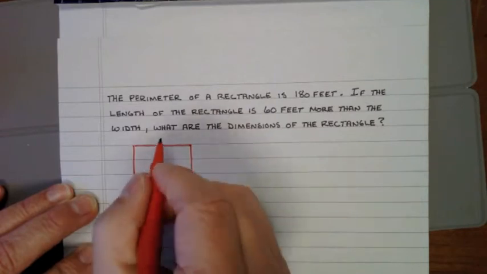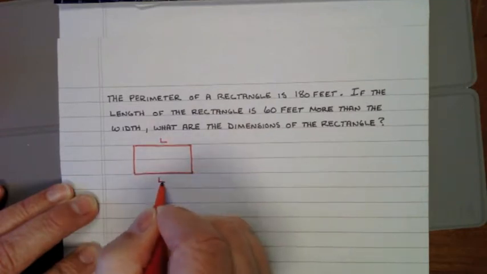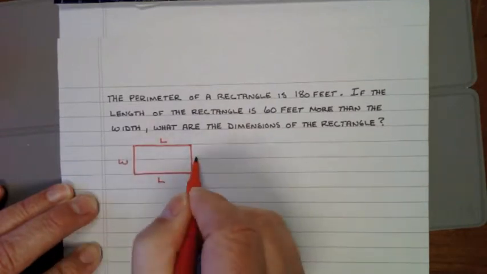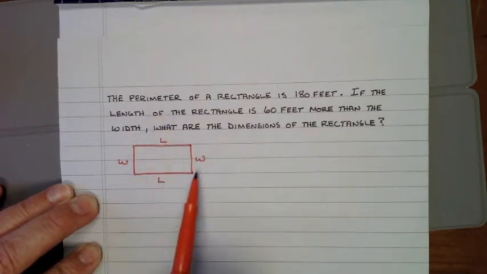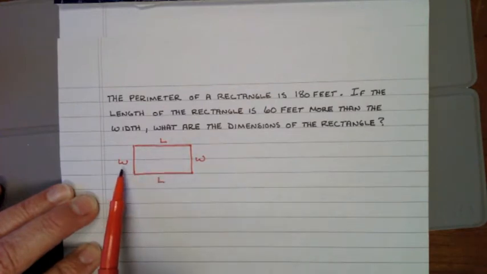And for a rectangle, I have length. This is the length, and this is the width. To find the perimeter, I need to add all these together. So if you remember, I can combine like terms. Letters that are the same can be put together.